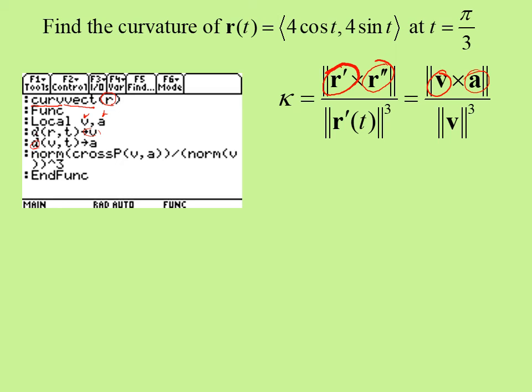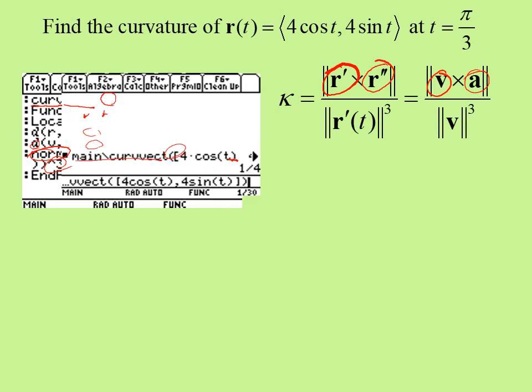We do the derivative of v, store that in a. And then we do the cross product of v and a. That's the top. Take the magnitude of that. We do the norm of just the v vector, the magnitude, and raise it to the third power and divide. So there's one program that does the entire curvature calculation.